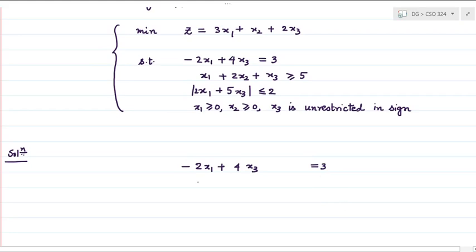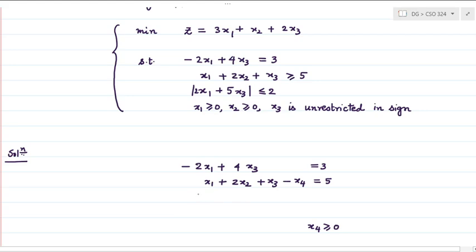Then for the second inequality, we need to subtract one surplus variable: x1 plus 2x2 plus x3 minus x4 is equal to 5. Once you are introducing a surplus variable x4, you should have x4 greater than or equal to 0. For the inequality absolute value of 2x1 plus 5x3 less than or equal to 2, this is equivalent to two inequalities.